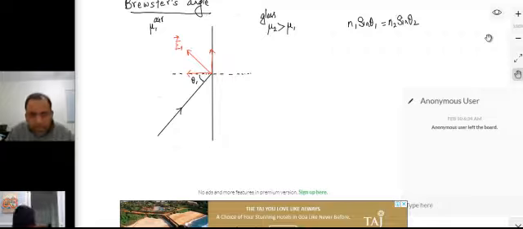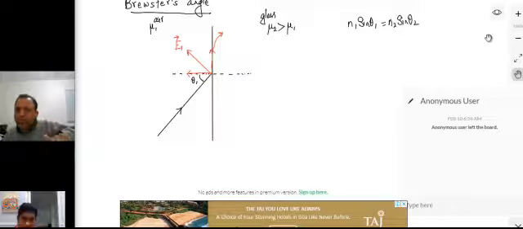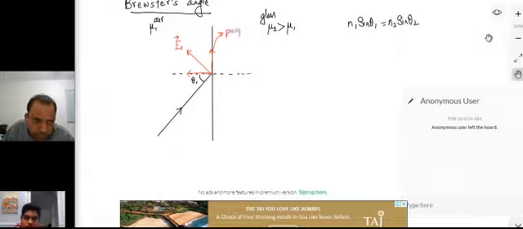These are the two polarizations of the wave, if you want. When light comes in, these two vectors are called the polarization modes. This is called the perpendicular mode, and this is called the parallel mode.